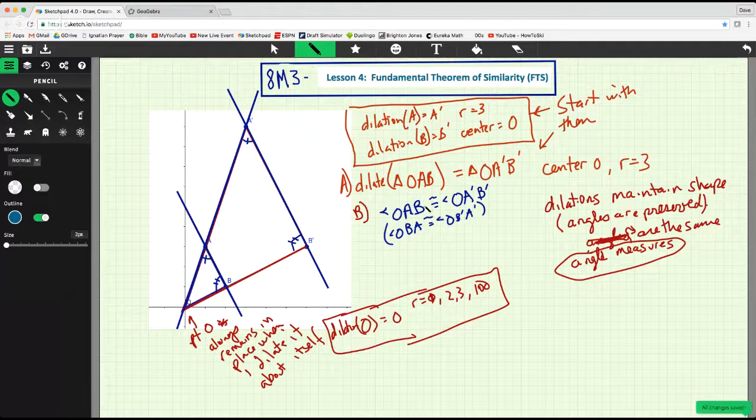And so the answer is that angle OAB and angle OA prime B prime are corresponding angles. Right? They're on the same side of the transversal, and they're on the same side of the two lines that are cut by the transversal. And so now we're going to finish with D.